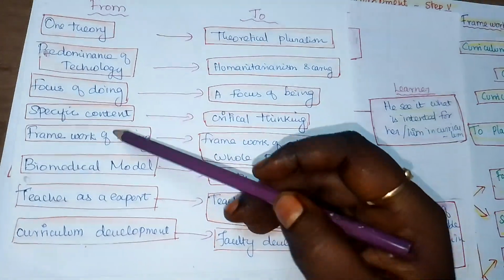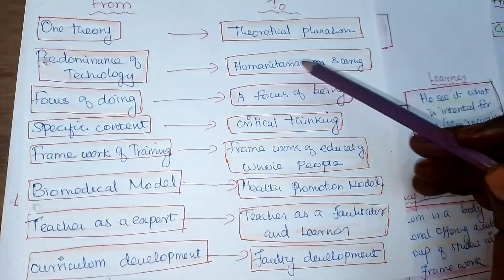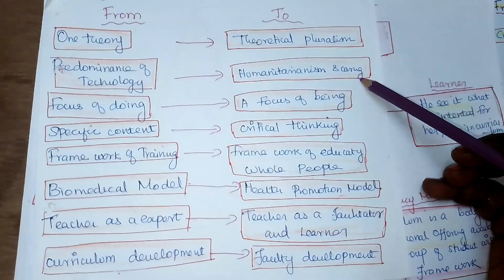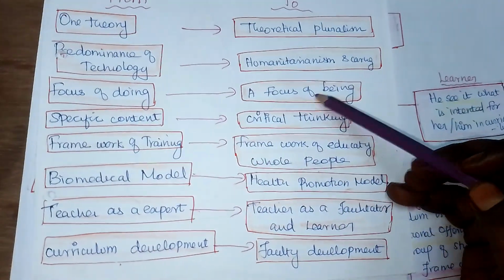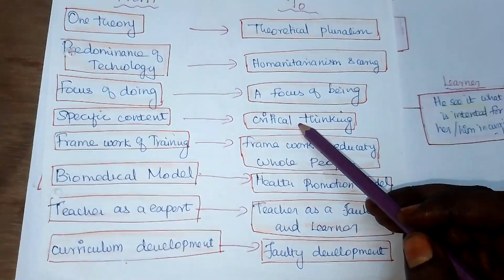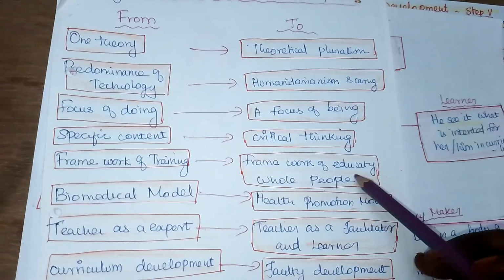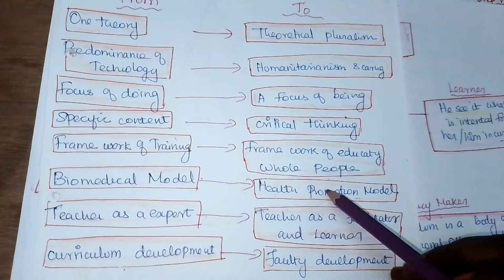Then the predominance of technology to humanitarian caring. Focus on doing to focus on being. Specific content to critical thinking. Framework of training to the framework of educating the whole person. Biomedical model to the health promotion model.